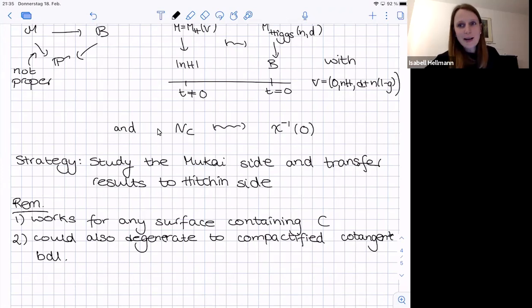Okay, so what I want to do, the strategy, is to study the nilpotent cone, as the title suggests.